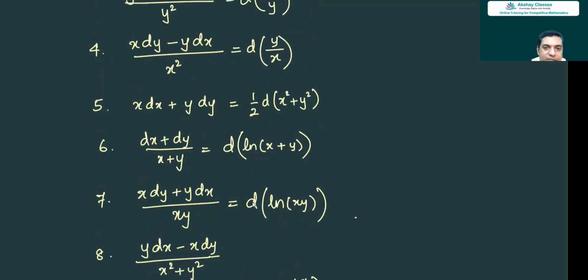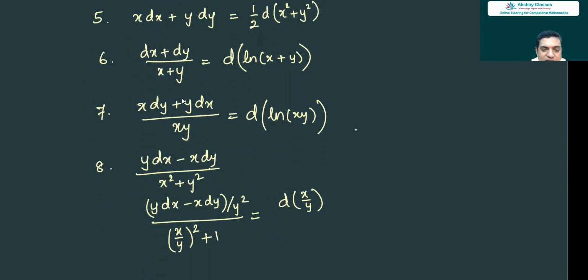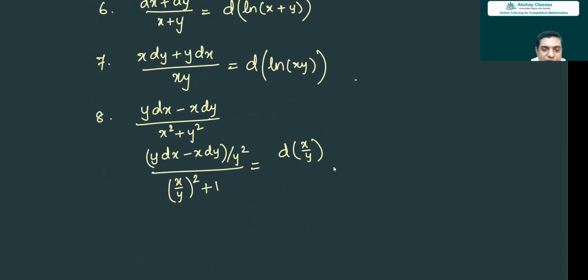Just now we did here. (y dx - x dy) by y square will be d of (x by y) upon (x by y) the whole square plus 1, which is tan inverse.